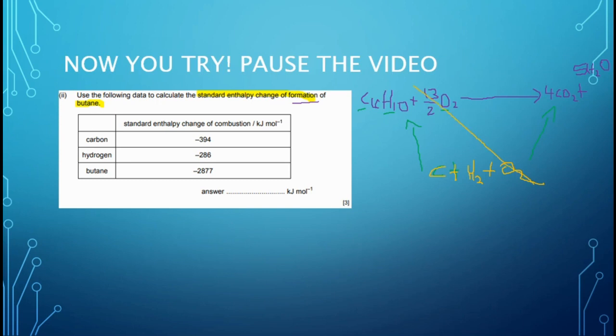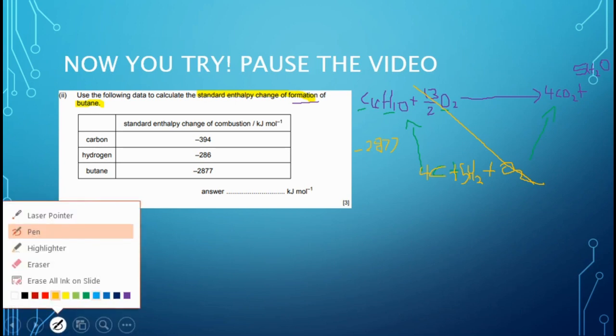So we see we have C4, so that means it's 4C here, and we have 10 H's, which is 5 H2 here. Now is the main part, the maths. So we know butane here is minus 2877.